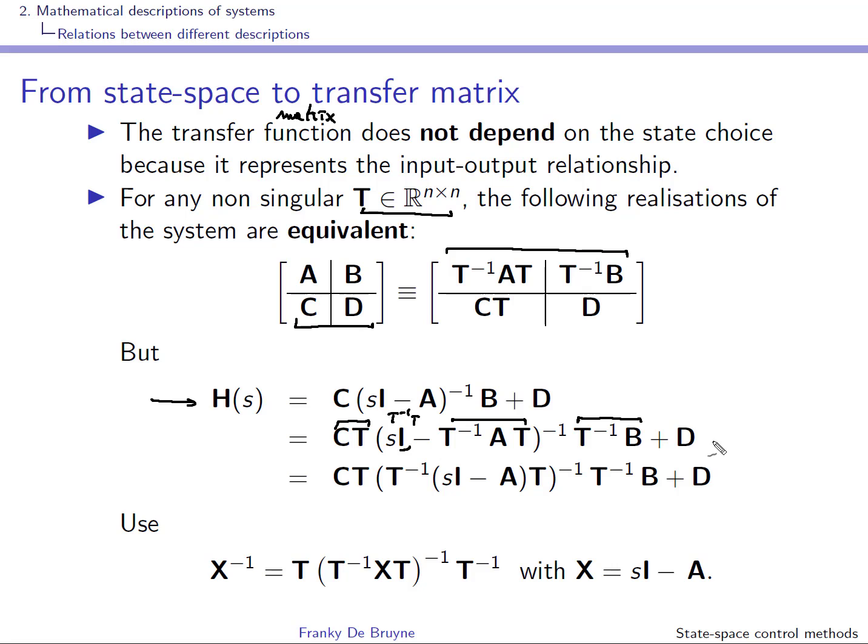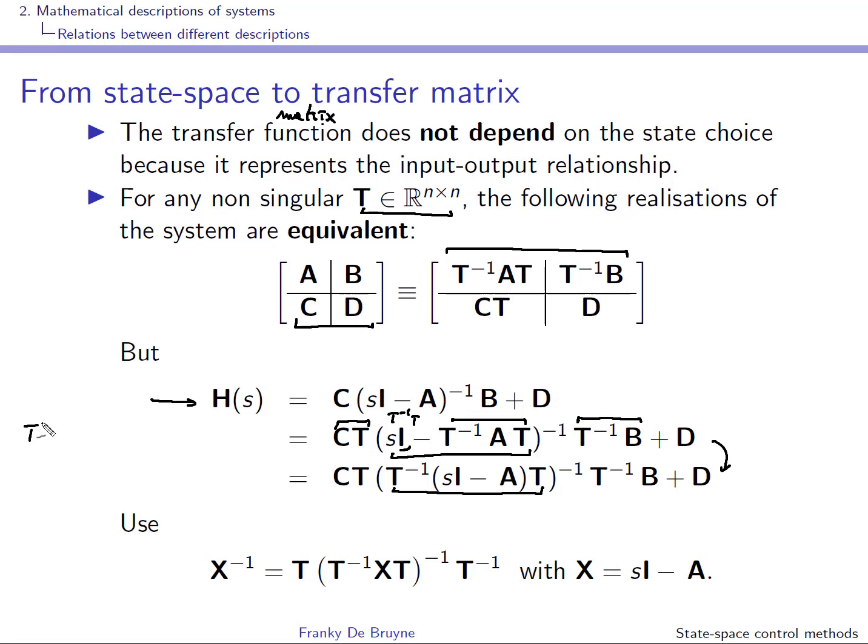So that you can go to this expression over here. You have T^-1 and T^-1, and here at the end you have T and T. So this expression over here, you can rewrite it as this expression. So now we're going to use this expression here, so maybe we can show where it comes from.